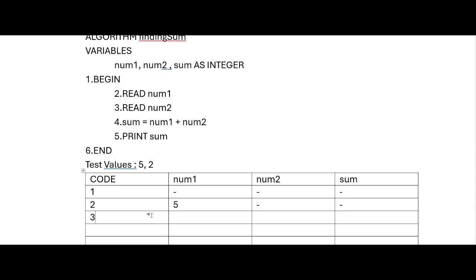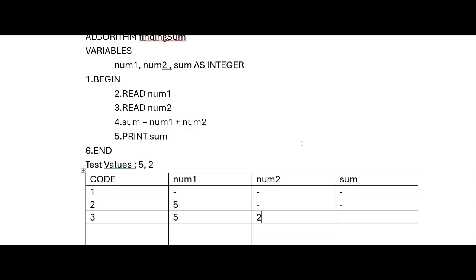Now we reach line 3. Every time we put a value inside of a variable, that value remains inside of that variable unless you change it otherwise, right? So num1 currently still has the value 5 inside of it because we did not remove the value inside of it in our pseudocode. Num2 now has the value 2 inside of it, right? Because at line 3, we're saying read num2, and our test value we're going to use is 2, so we insert 2 inside of num2.